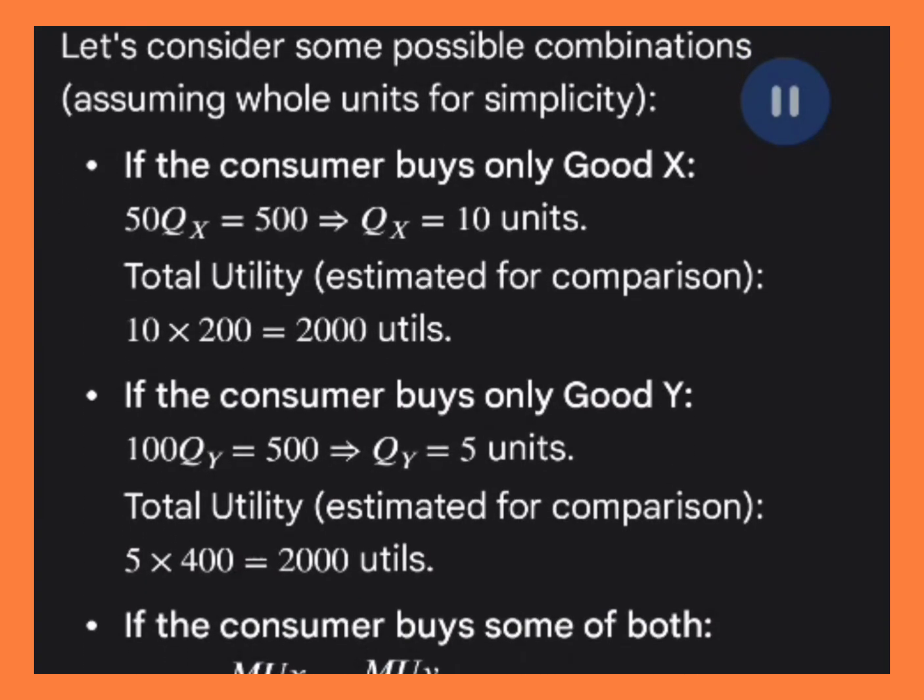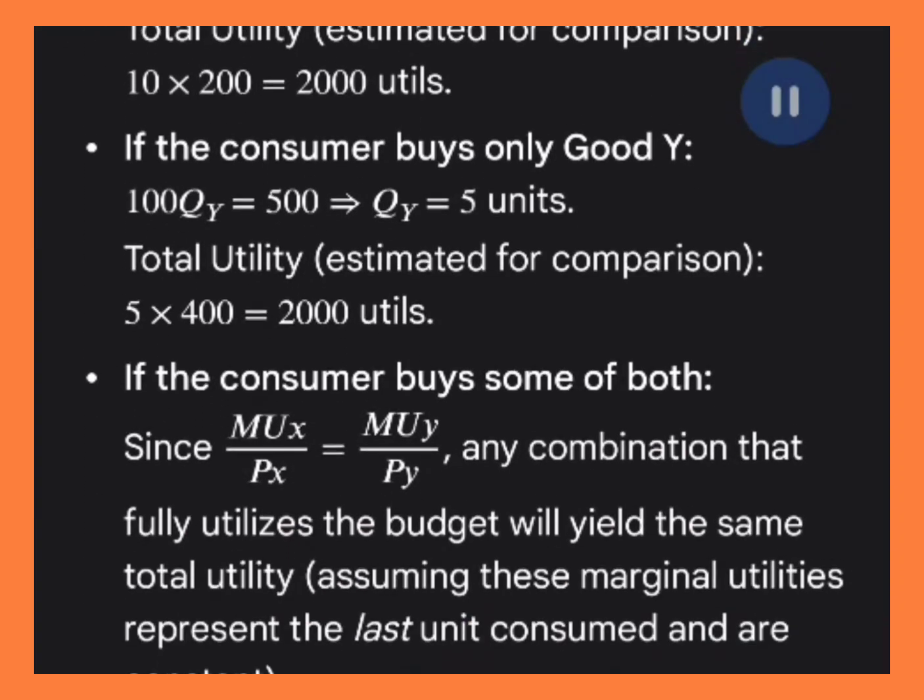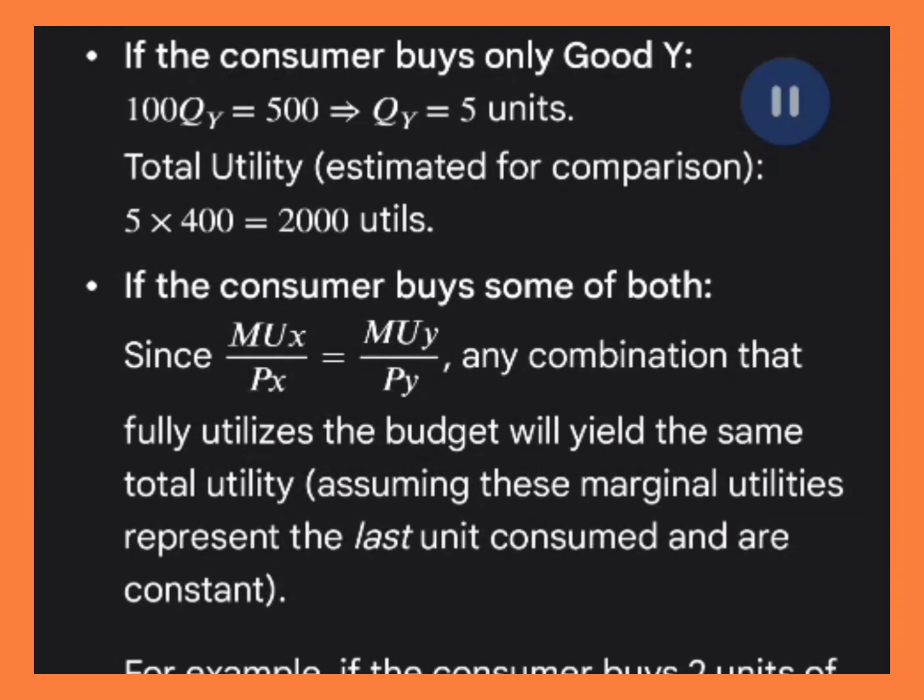If the consumer buys only good X, 50QX equals 500, so QX equals 10 units. Total utility, estimated for comparison, 10 times 200 equals 2000 utils. If the consumer buys only good Y, 100QY equals 500, so QY equals 5 units.